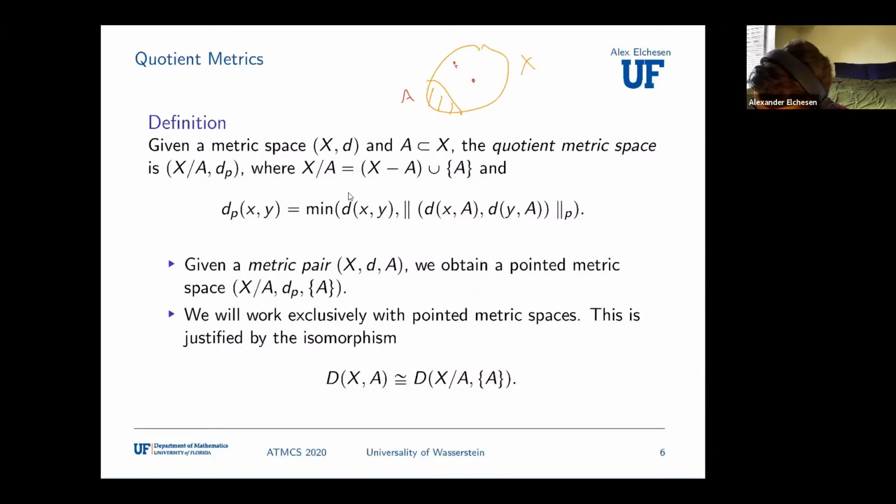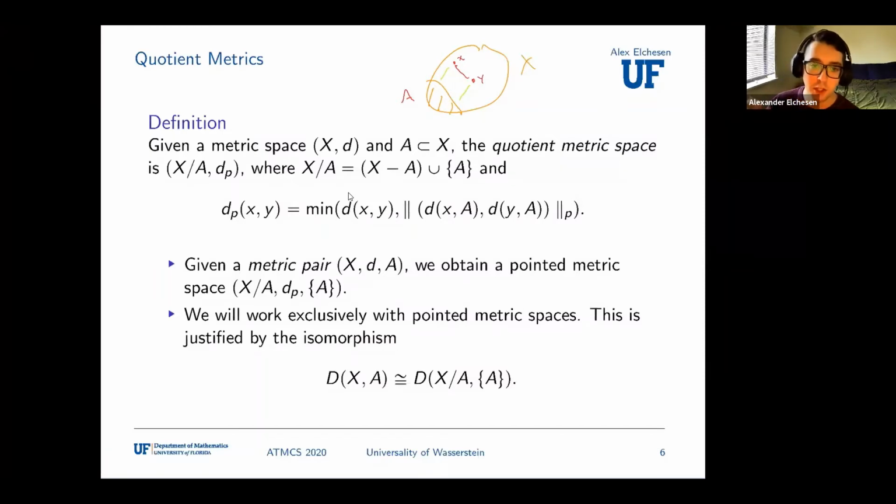You either look at the original distance between x and y, or you match x and y to a. So you take the distance of x and y to a, you put those two numbers into a vector, and you take the p norm. And so the quotient metric is the minimum of those two quantities. So that actually defines a metric.